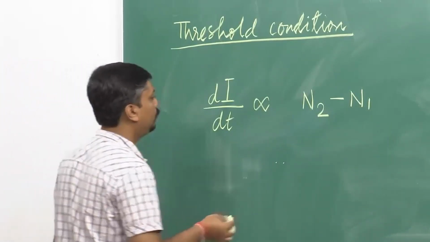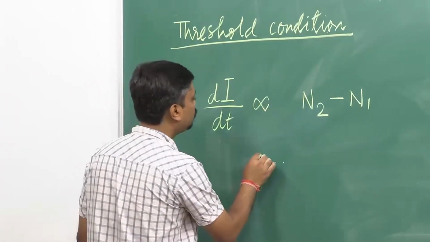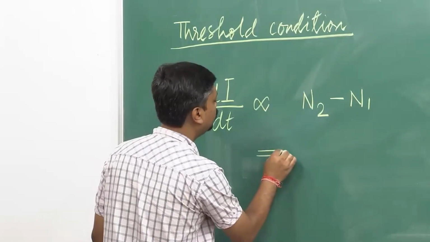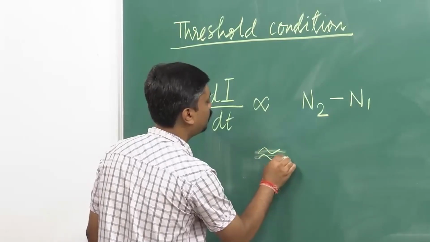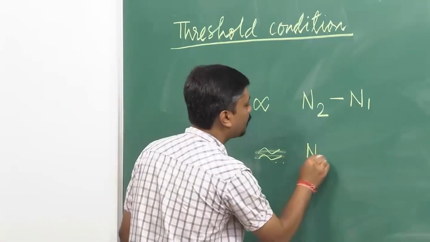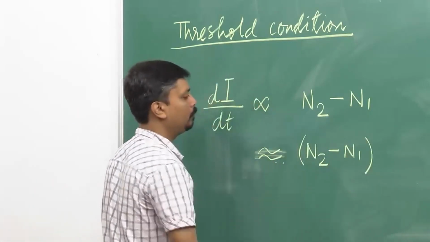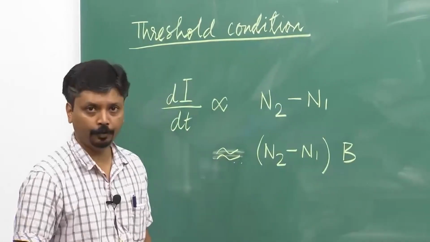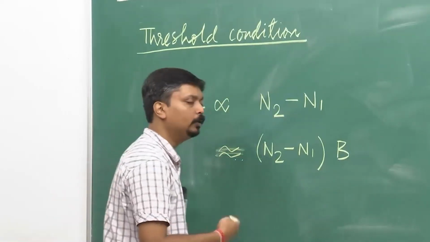Now, if I go to somewhat equality, I should be writing almost equal to, multiplied by B, which is the Einstein coefficient, which is the same for absorption as well as stimulated emission.